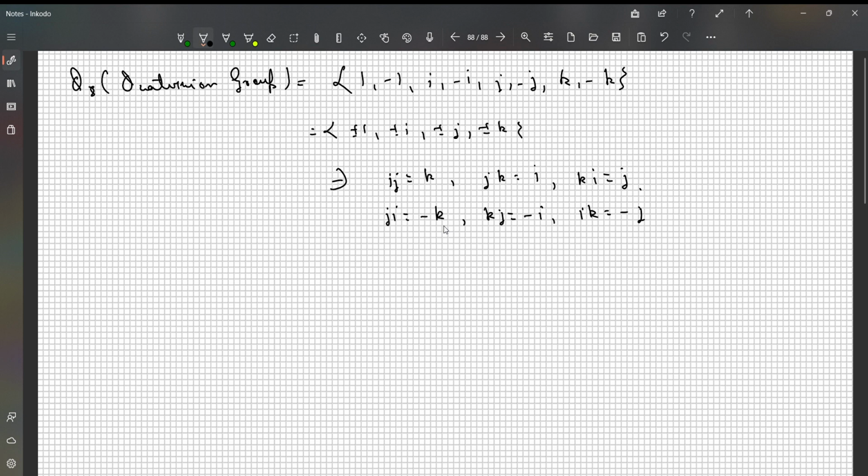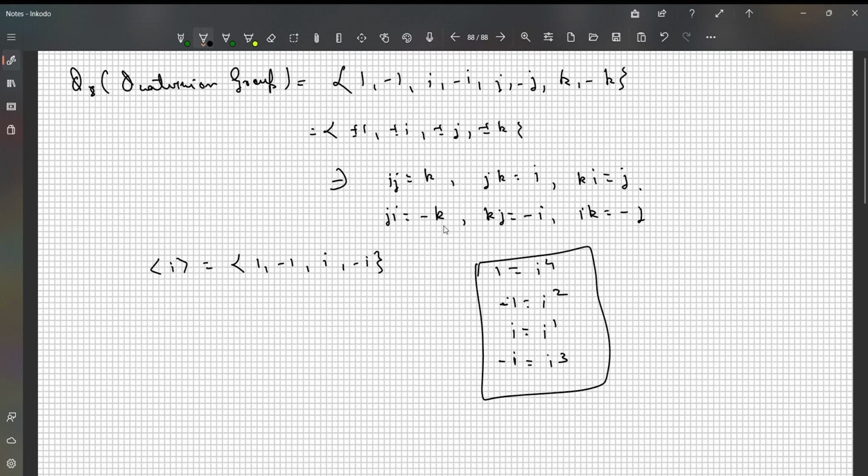So the thing is of this sort: the cyclic group generated by i consists of 1, minus 1, i, minus i. So 1 is nothing but i to the power 4, minus 1 is i squared, i is obviously i to the power 1, and minus i is i cubed.